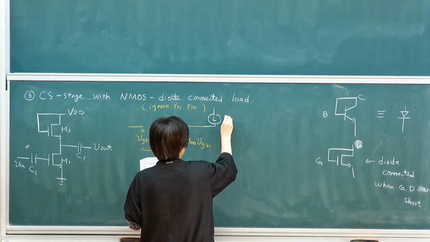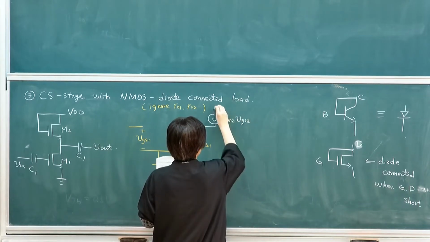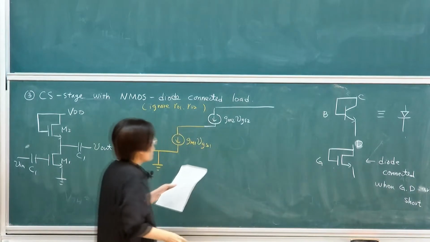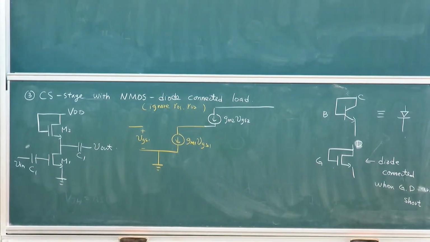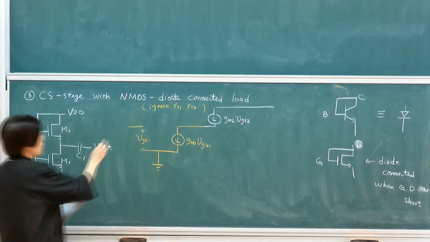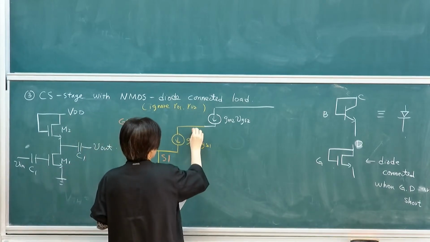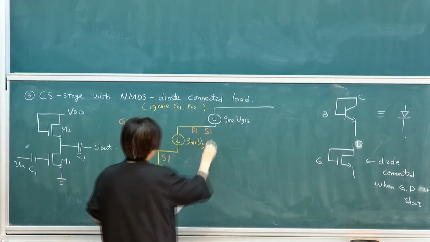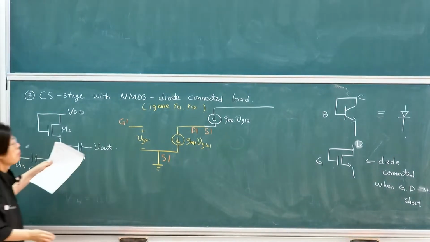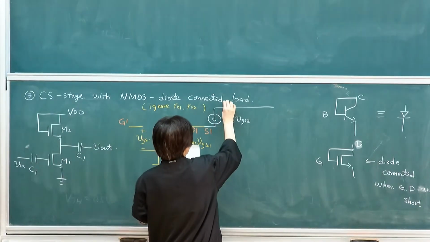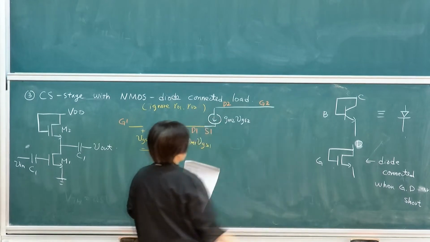This is VGS, gm2 VGS2. And then my gate, let me just be precise. So let's label it. This is gate 1, source 1. So this is drain 1, source 1. Drain 1 and source 1 are connected together. And another is the gate. This is supposed to be drain 2, which is connected to gate 2 because it's shorted.